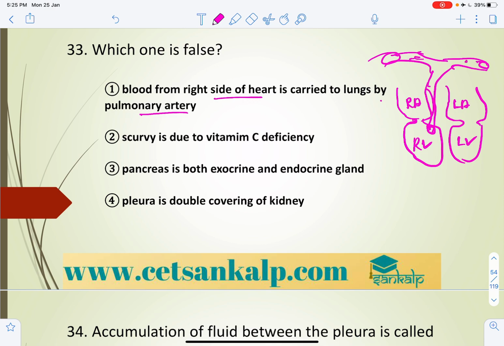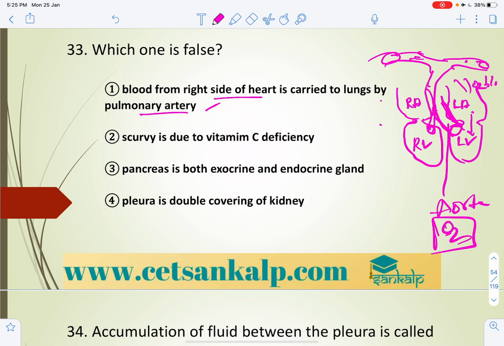And then oxygenated blood reaches the left auricle, to the left ventricle, and from the aorta, which is the largest artery, oxygenated blood is supplied to all parts of the body. That is correct. The right side always receives deoxygenated blood, the left side always receives oxygenated blood.